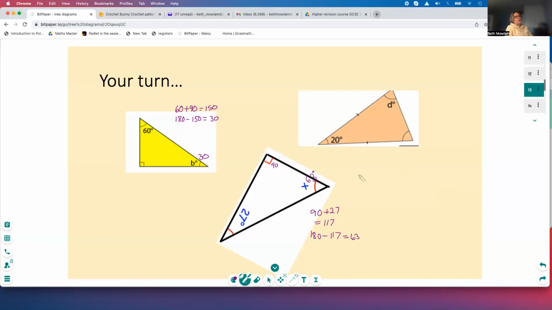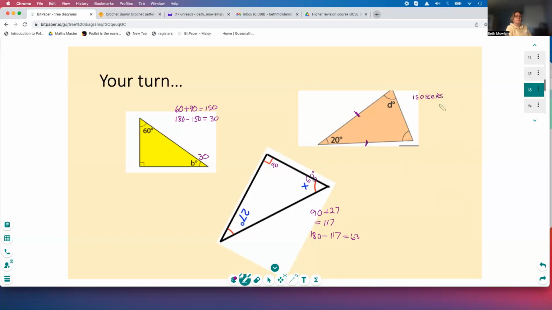Now then, if we look at this orange triangle, we know one of them's 20. We don't know the other two. One of them's labelled with the letter, one of them's not labelled. But these two little lines here tell us that those two lengths are the same, which means this is an isosceles triangle.